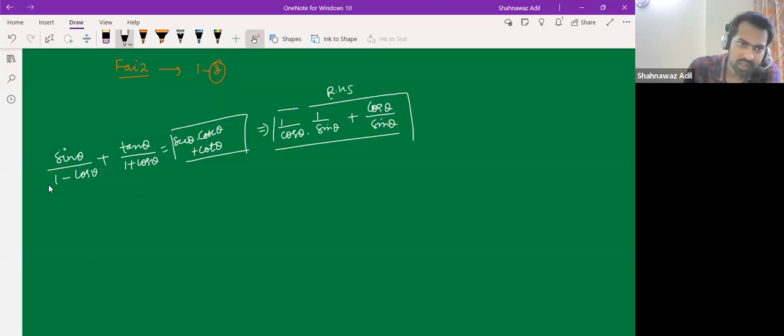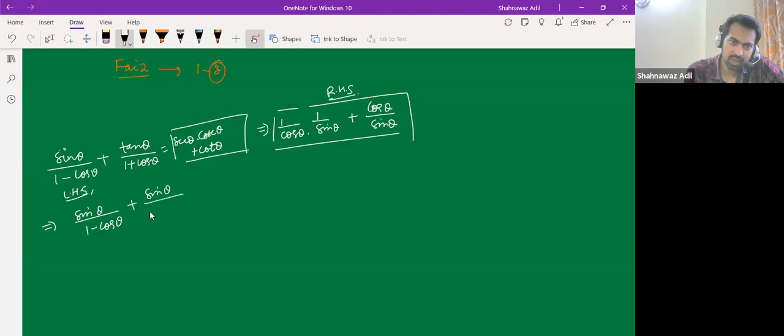The goal is that we have to write everything in terms of sine theta and cos theta. LHS is sine theta by 1 minus cos theta and tan theta, which is sine theta by cos theta, divided by 1 plus cos theta.